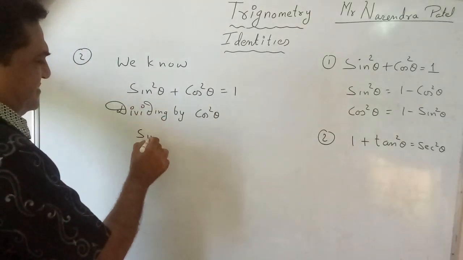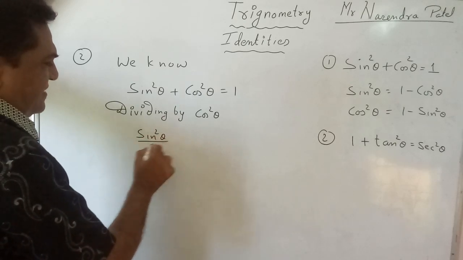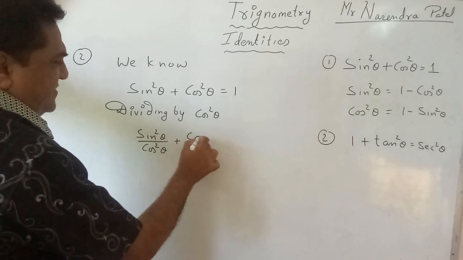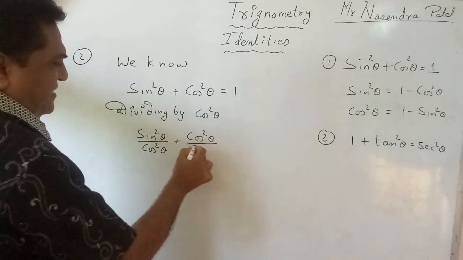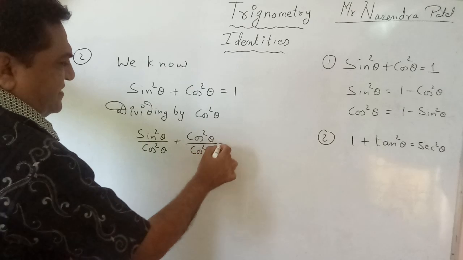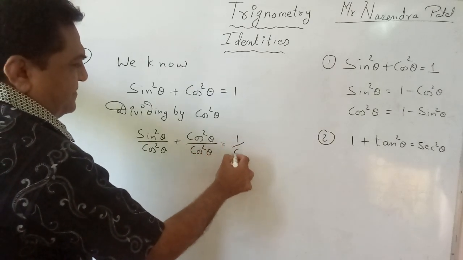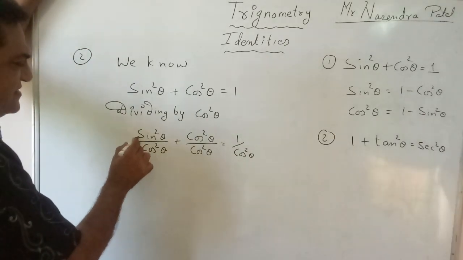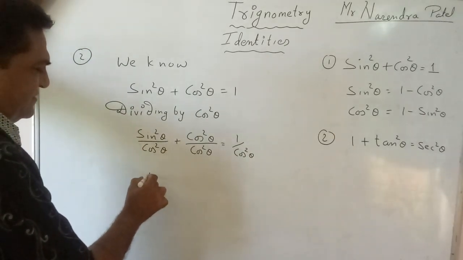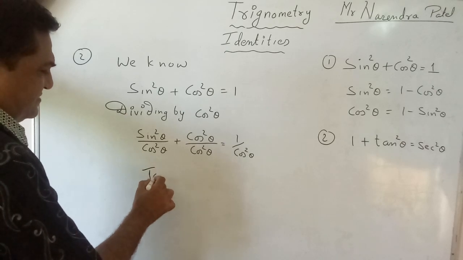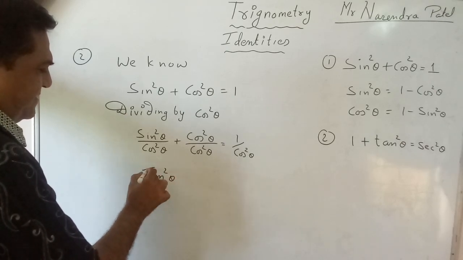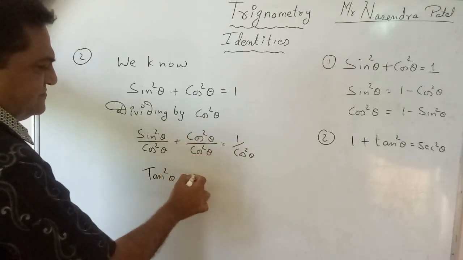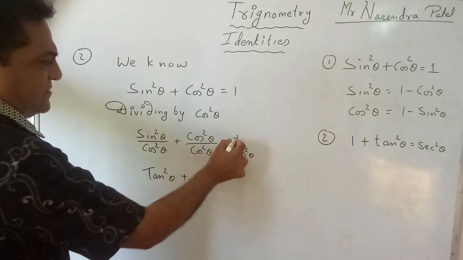See, sin square theta upon cos square theta plus cos square theta upon cos square theta is equal to 1 upon cos square theta. We know that sin upon cos is tan. So here I will write tan square theta plus, cos cancels, 1 is equal to 1 upon cos square.